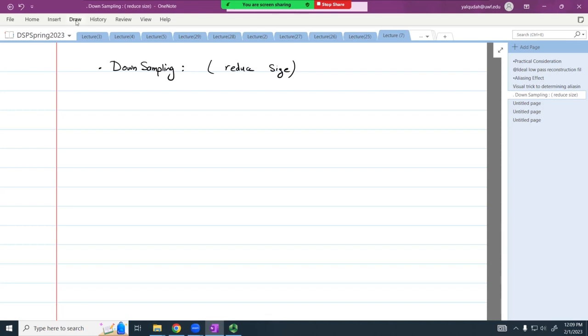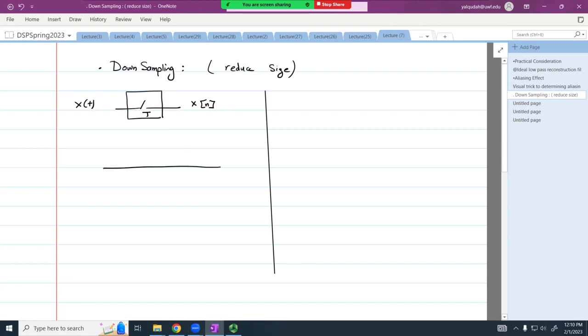So let's look at how much we can downsample a signal. Again, we're looking at the signal, we're sampling it, we're getting x of n, sampling every T seconds. If you remember, if I sample it like this, I'm going to get a repetition. Let's say this is the spectrum of the signal. This is the spectrum of the sampled signal, Xs of w. This is w.